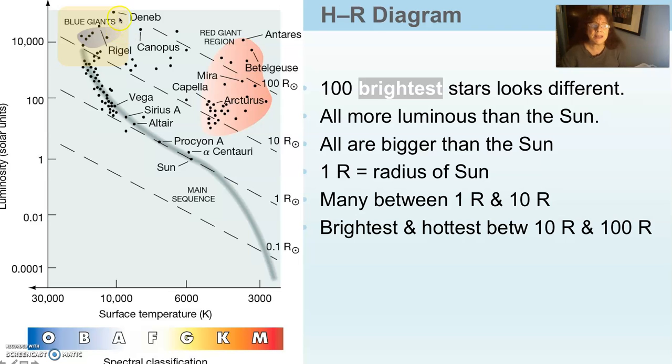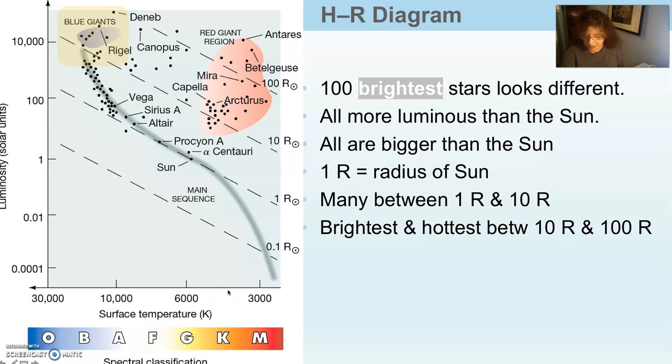This is introducing an area in here called the blue giants. They're called the blue giants because they are in the blue temperature zone, in the ultraviolet temperature emission zone. And we also have the red supergiants, and guess what? They are emitting more infrared light. They are emitting more red light.